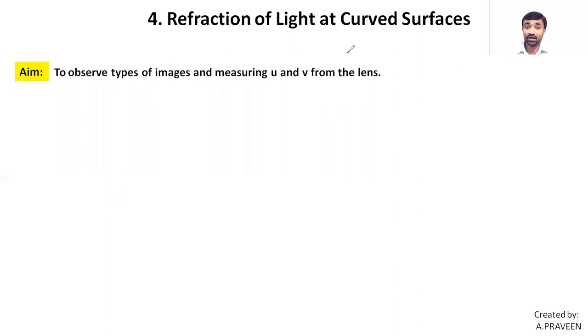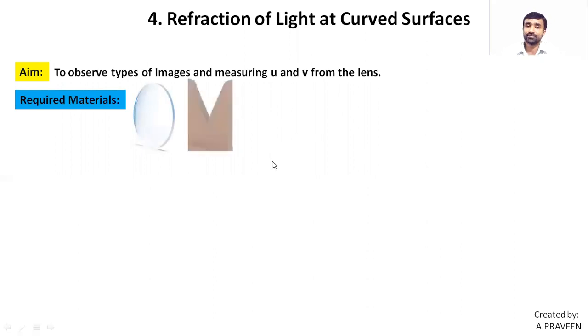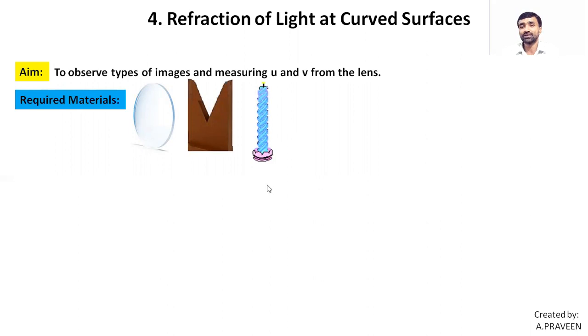Next, for conducting any lab activity, what do we require? Materials. So what are the required materials here? First you require a lens, that is a convex lens. To place the lens, we require a stand called a V stand. Then a source is required as the object; I am using a candle.